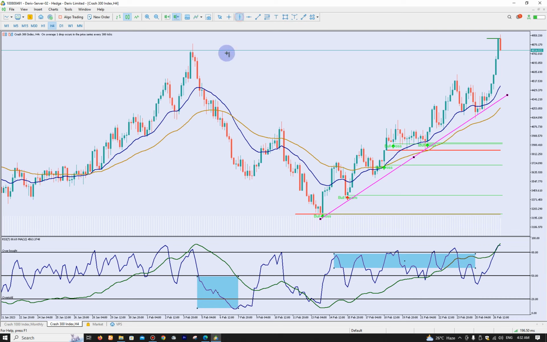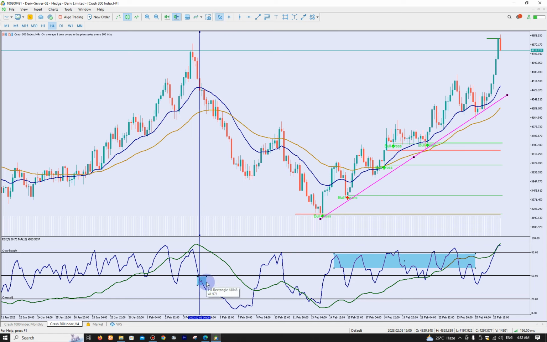If I place my vertical line, this is a possible way, a good place to enter the market below the 50 mark.